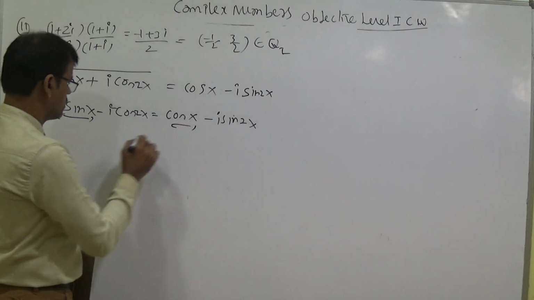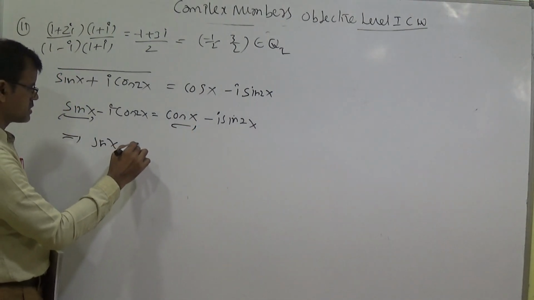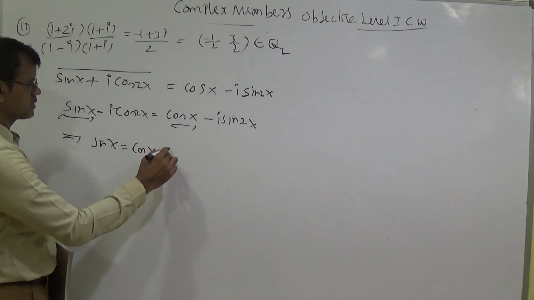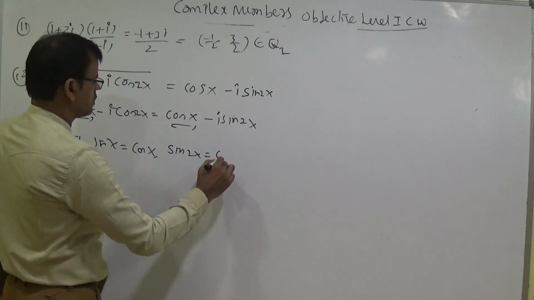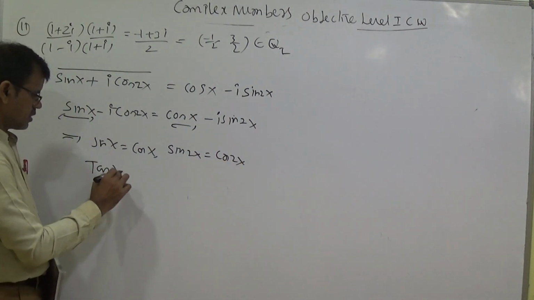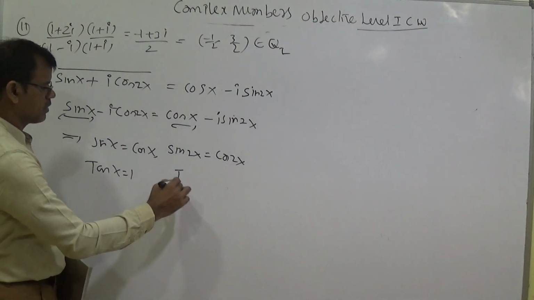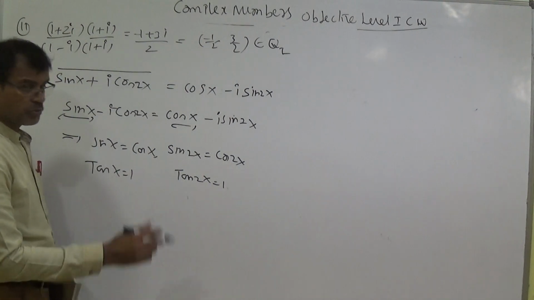This is real. That implies you can understand here sin x is equal to cos x. And in a similar way, sin 2x is equal to cos 2x. So right here, tan x is equal to 1. Right here, tan 2x equal to 1. Not possible.